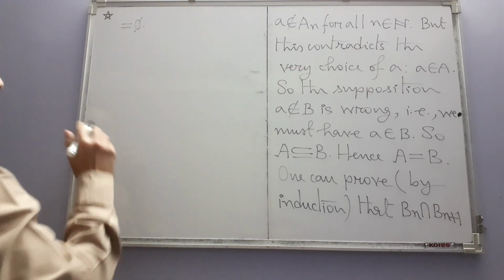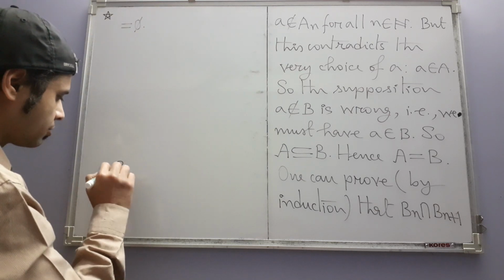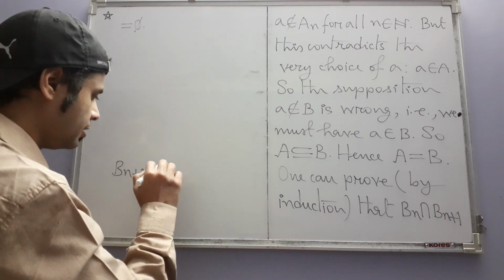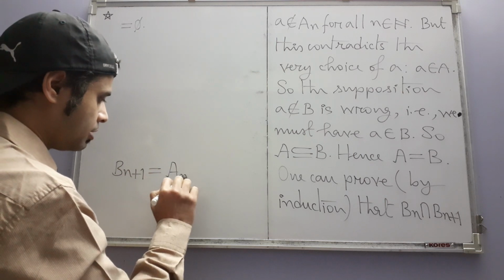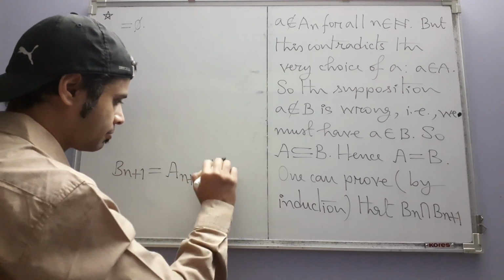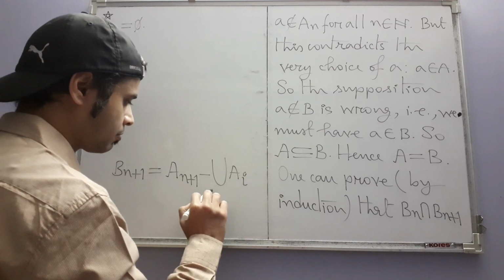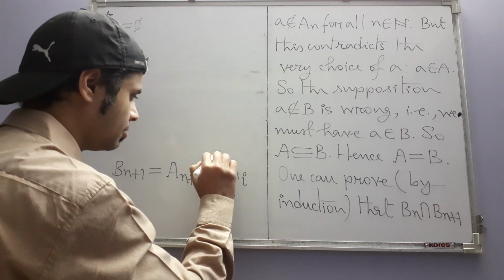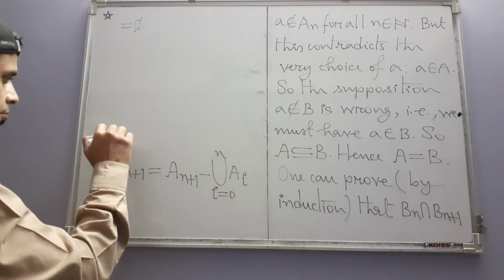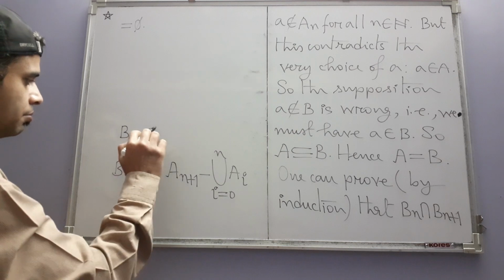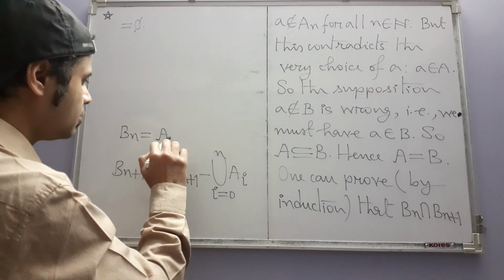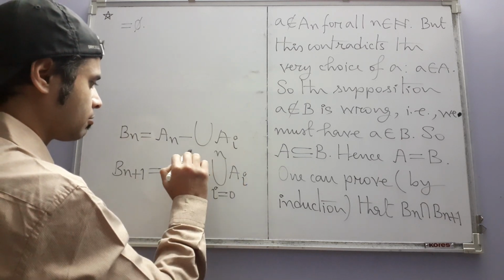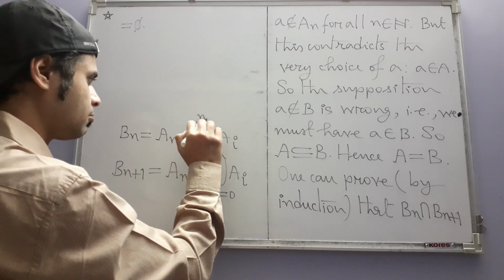This is empty, and you can just simply see what I am talking about if you write what Bn plus 1 actually is. It is An plus 1 difference this, whereas what is Bn is An difference this.